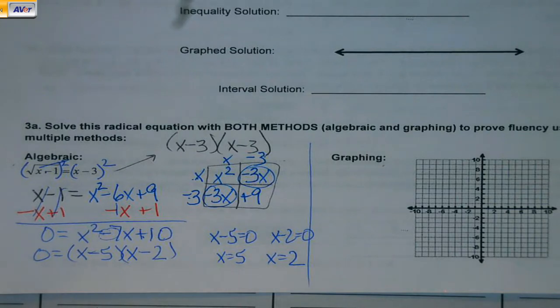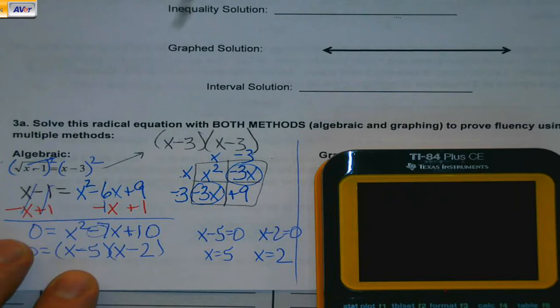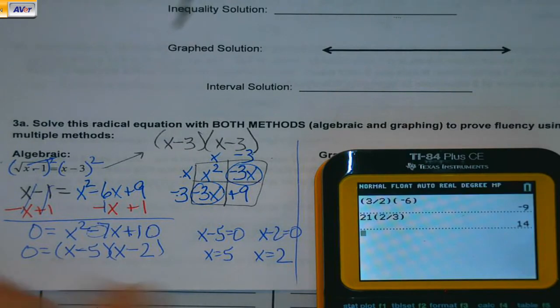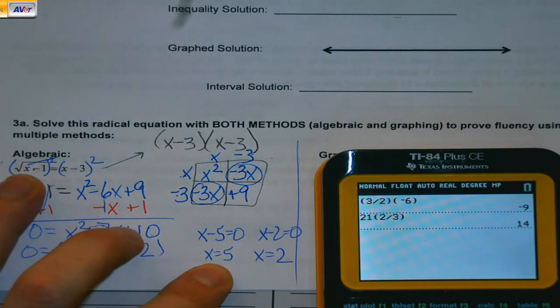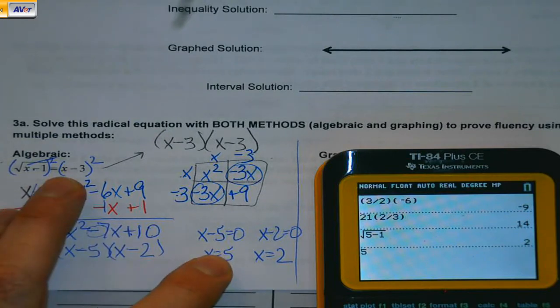So the easiest way to do that, if we're not going to use our brain, which would be the easiest way, I'm going to plug in, so I'd have the square root of 5 minus 1, which is 2, and then 5 minus 3.